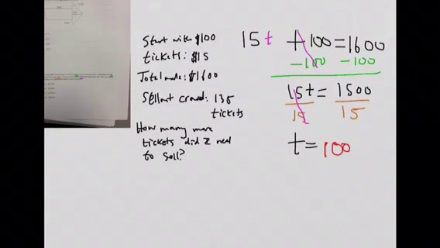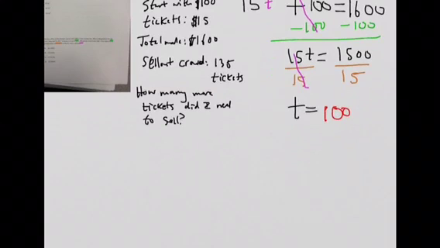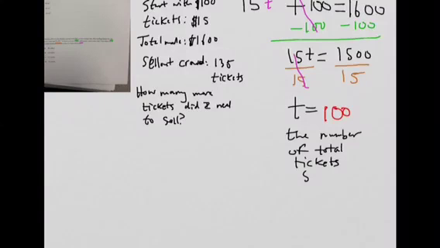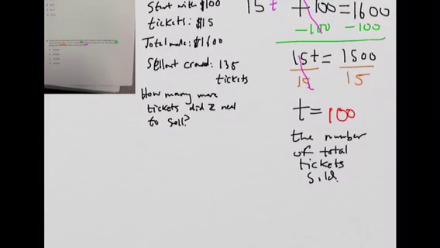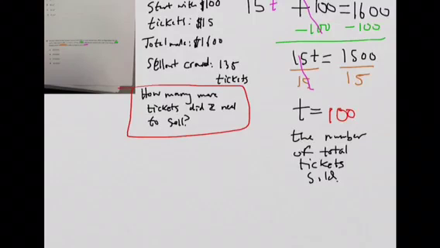So what does this mean? Is this my answer? Not quite. This is the number of total tickets sold, period. But what am I asking? I'm asking for this. How many more tickets did I need to sell?